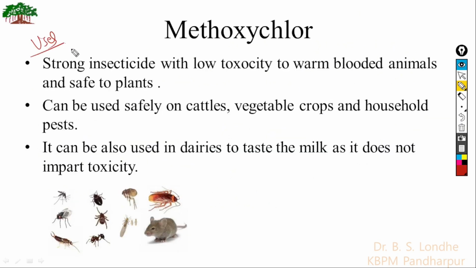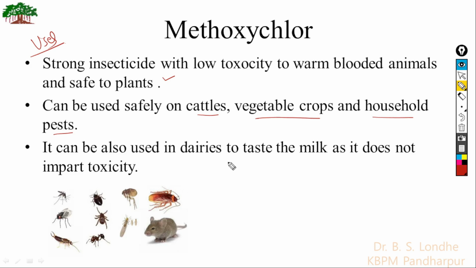Uses of methoxychlor: it is strong insecticide with low toxicity to warm-blooded animals and safe to plants. It can be used safely on cattle, vegetable crops, and household pests, as it has low toxicity.